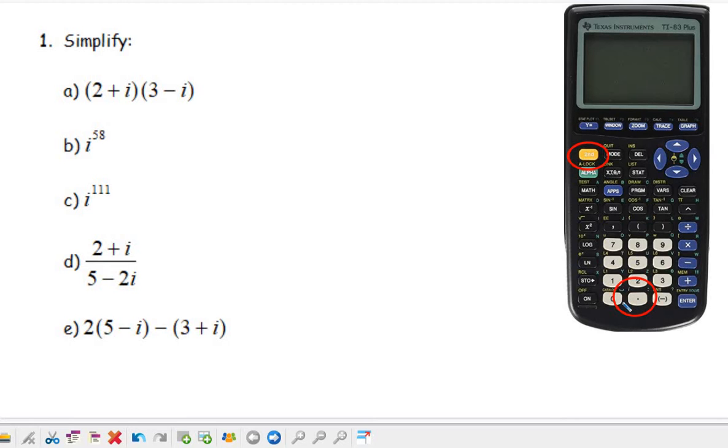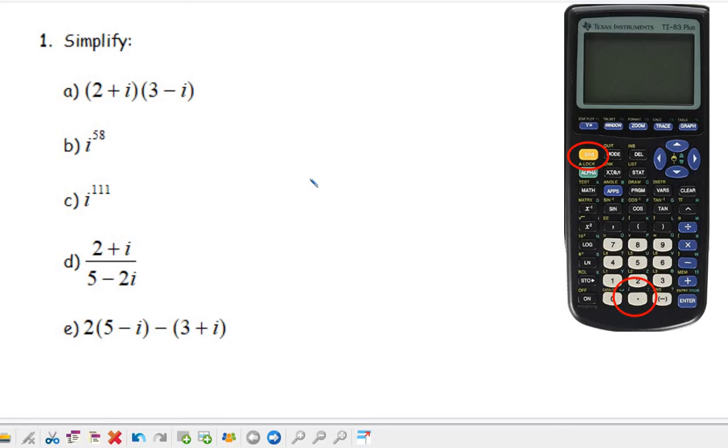Just make sure you put parentheses around your terms just like it appears in the problem. And in the division, you want to put parentheses around your numerator and your denominator. If you get a decimal for D, remember we do second, math, enter, just like you would to get a fraction for anything. And it will give you that fraction answer, okay?